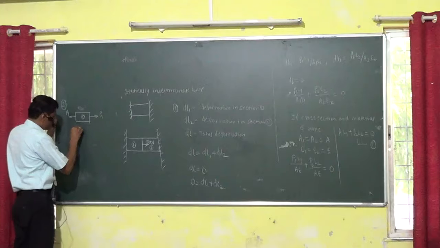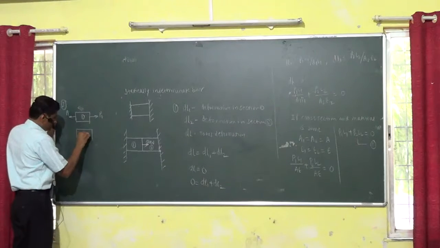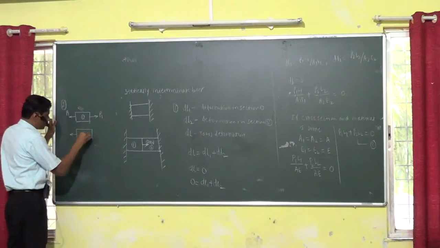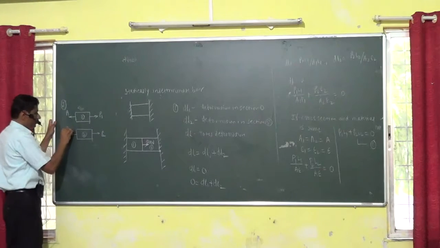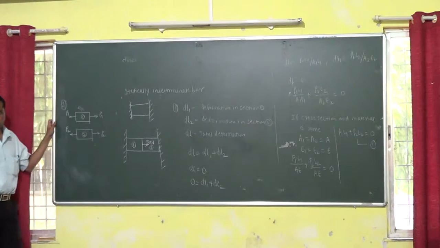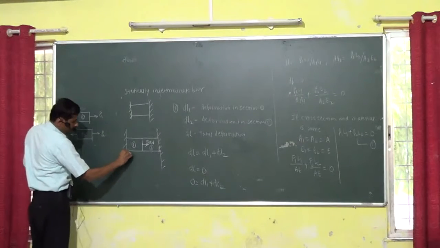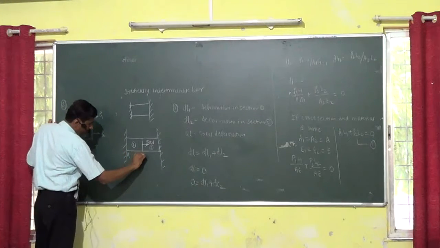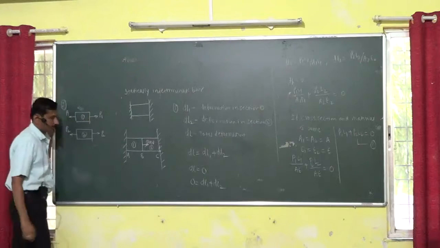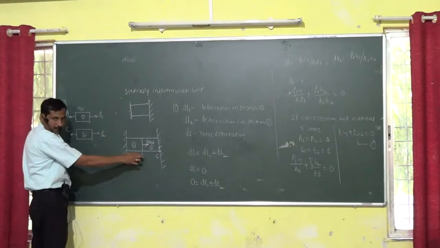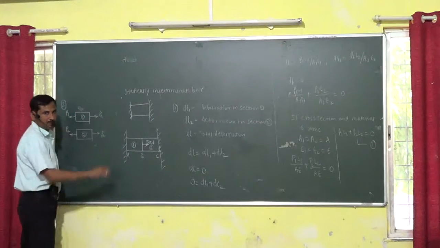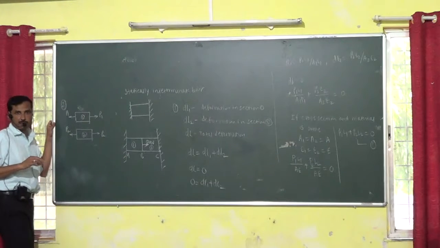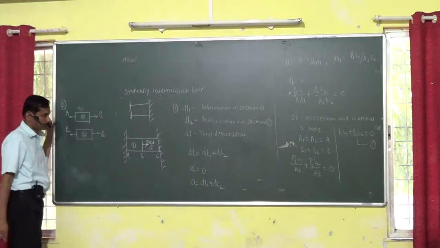Similarly, on section 2, the tensile force of magnitude P2 is acting. If I name the points A, B and C, length AB will be L1 and length BC will be L2 in that equation. Both lengths are given to us.